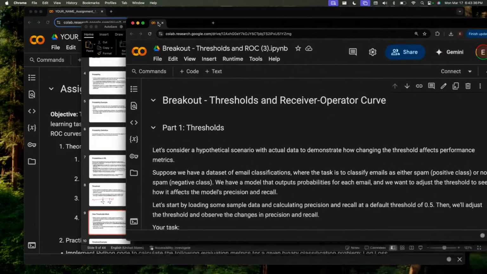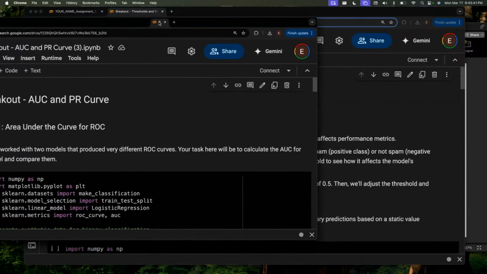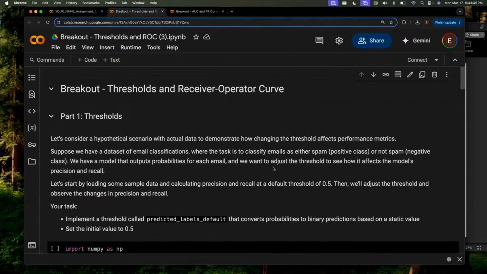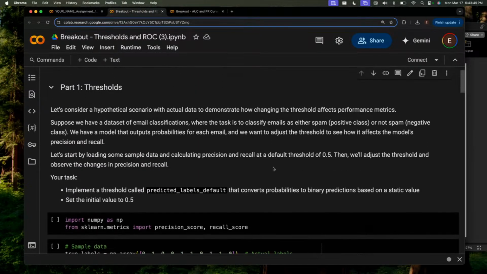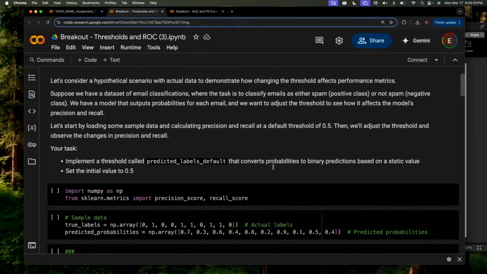Let's look at thresholds. So here's a breakout, thresholds, and the receiver operator curve. We're just going to do thresholds for now. We'll come back to the receiver operator curve.